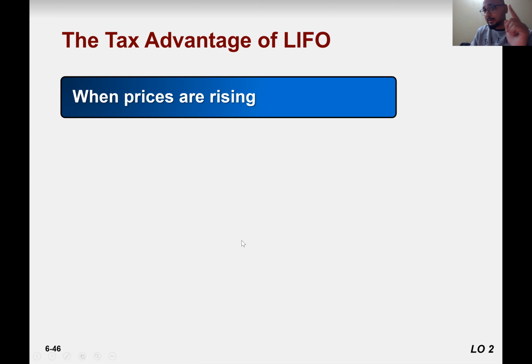So all this scenario, what we have learned up till now, is applicable when prices are rising. If prices are decreasing, then applying LIFO to save taxes is not going to bear fruit. Why? Because everything is going to be reversed.